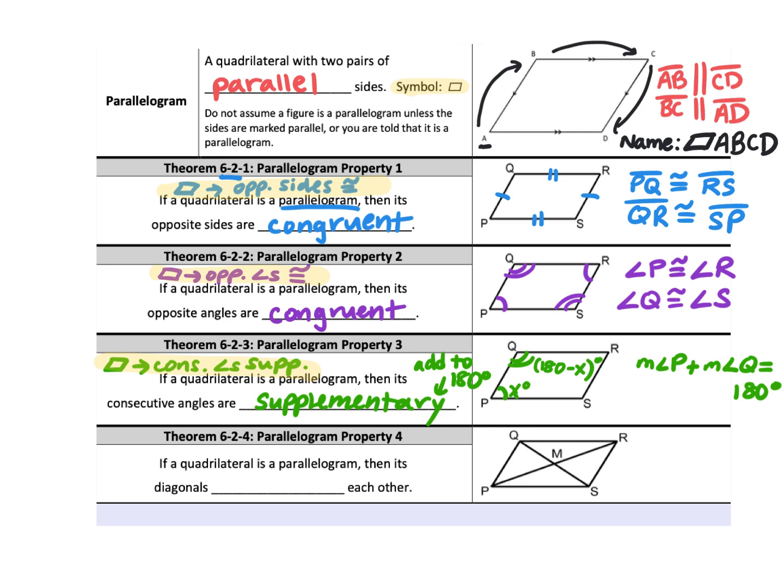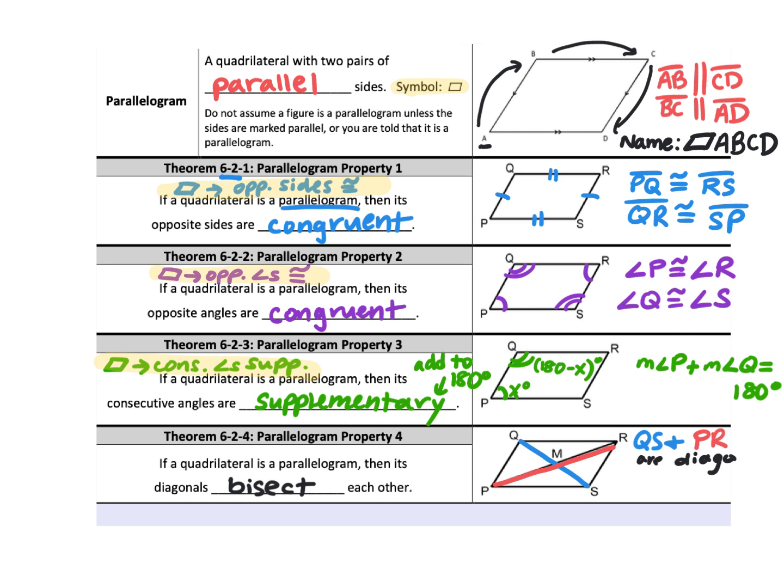All right, that brings us to our final property here. If a quadrilateral is a parallelogram, then its diagonals bisect each other. The diagonals in this picture, I'm going to put 2 different colors on them. So we have QS, and we also have PR. So those are my diagonals.